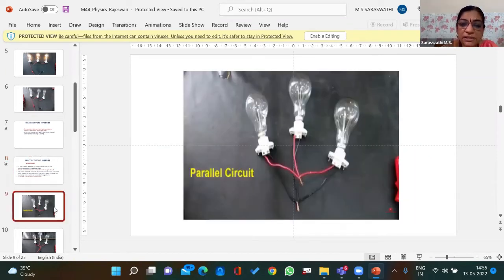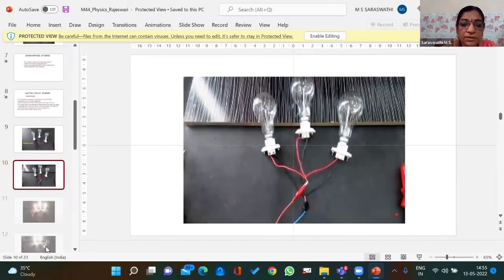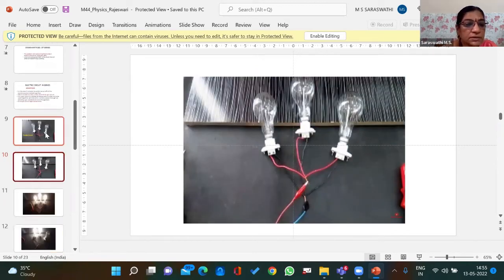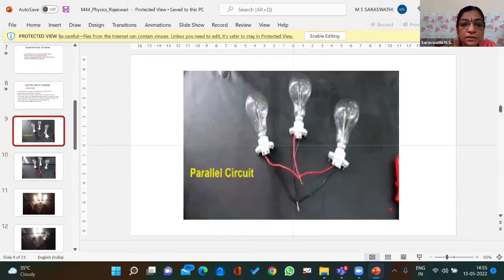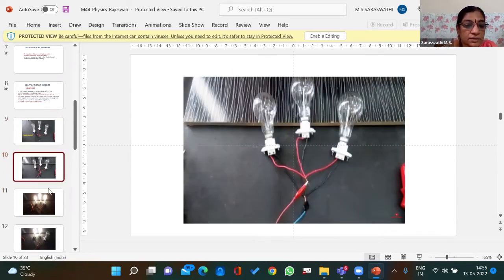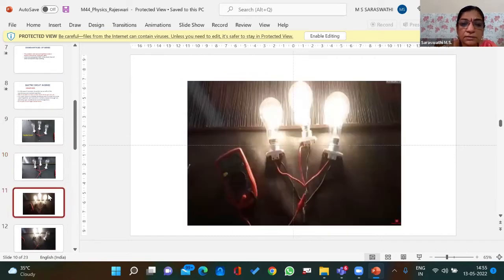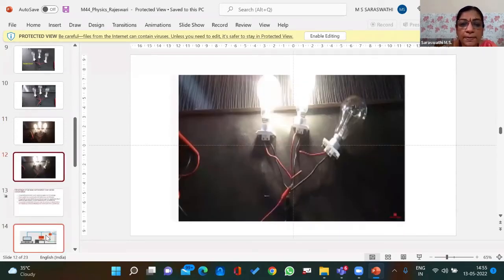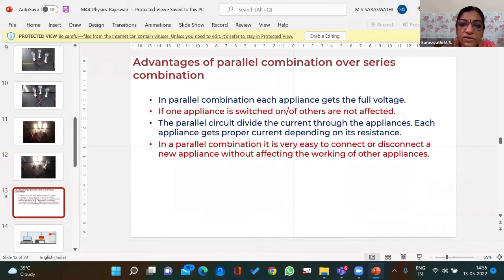This is a parallel circuit. So even if one appliance fails to work, the other two continue to work. So what are the advantages of parallel combination over series combination?